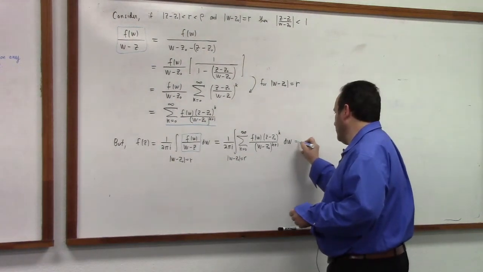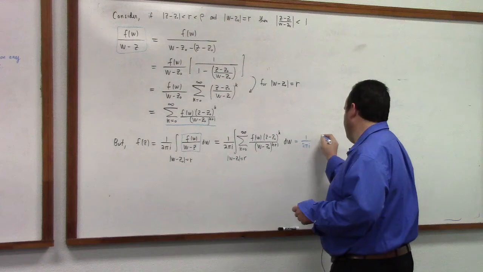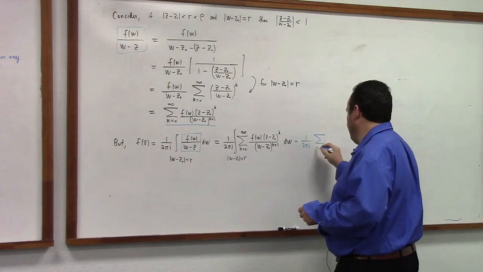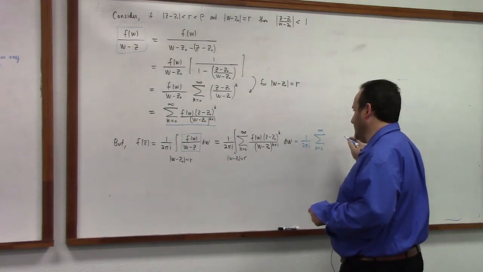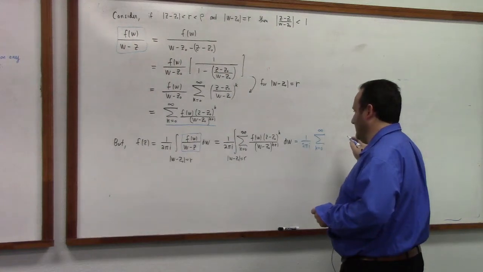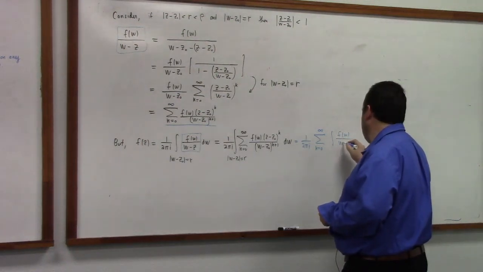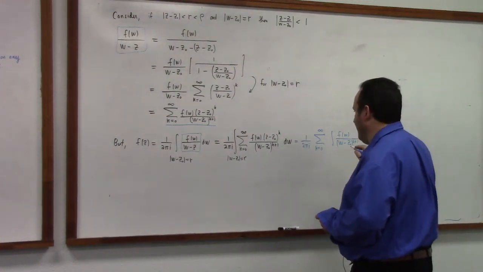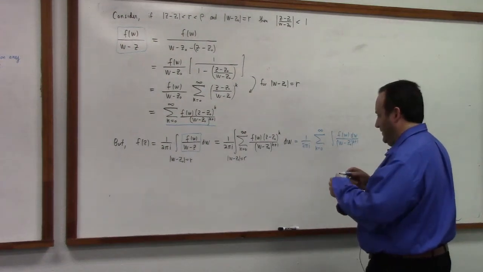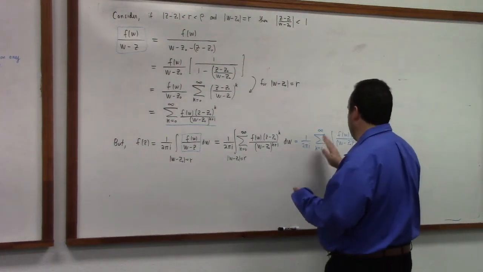So what you've got is 1 over 2 pi i, then the sum k equals 0 to infinity of the integral of f of w over w minus z naught to the k plus 1, dw. Actually, let me bring that 2 pi i inside.